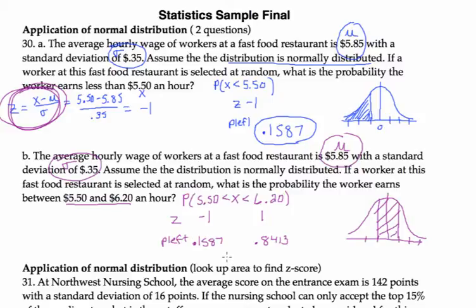And then we subtract them to find the probability that we're in between those two values. So 0.8413 minus 0.1587. About 68%, the probability that you're going to be in this area between those two z-scores, between those two data values.